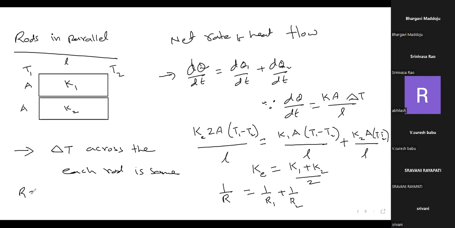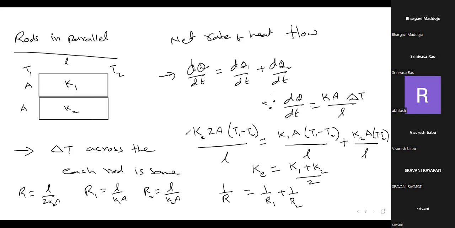Here R is the effective resistance, L by 2KA. R1 is L by K1 into A, and R2 is L by K2 into A. So one thing you have to remember: delta T will be the same in the parallel combination, and the total rate of heat flow will be the sum of the rates of heat flow through each rod.